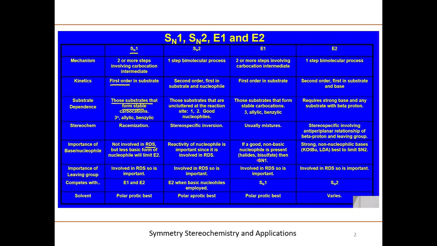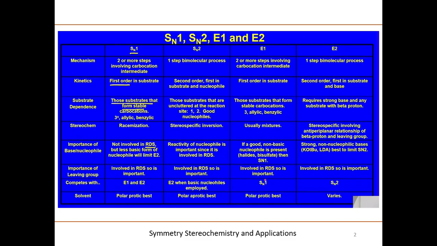Now, if a good or non-basic nucleophile is present in the E1 mechanism, then SN1 will be favorable. So E1 always competes with SN1. We will discuss later. It involves the RDS, so it is important. The nucleophile and leaving group are involved in the determining step, similarly in SN1 and SN2 also.